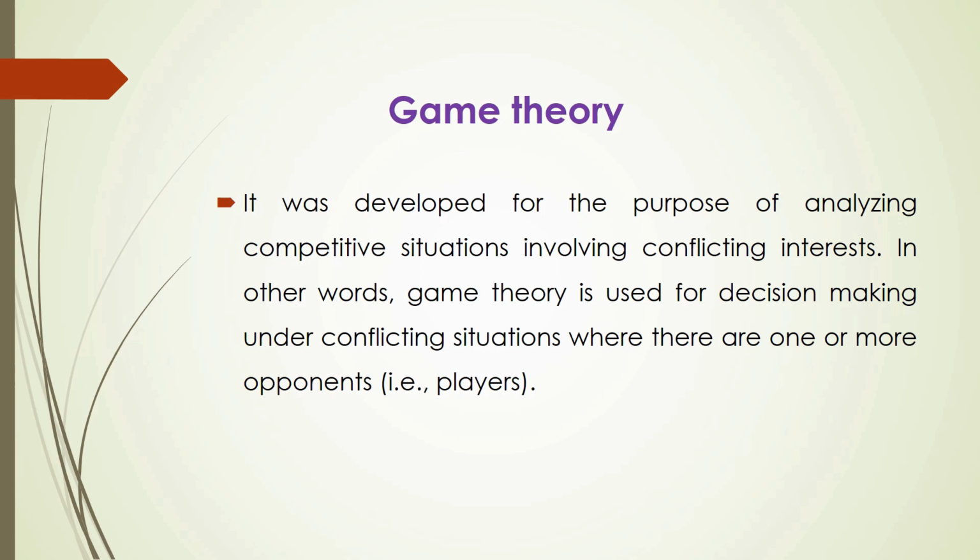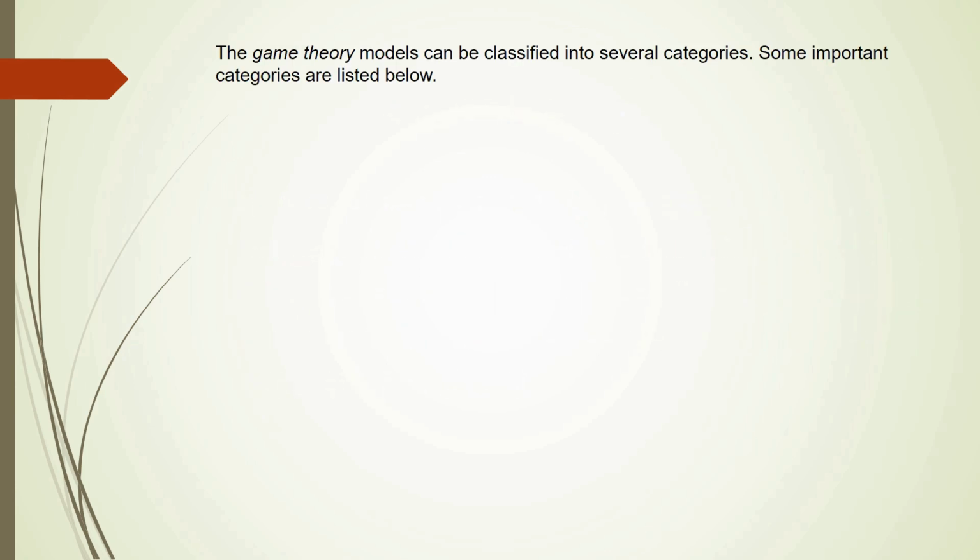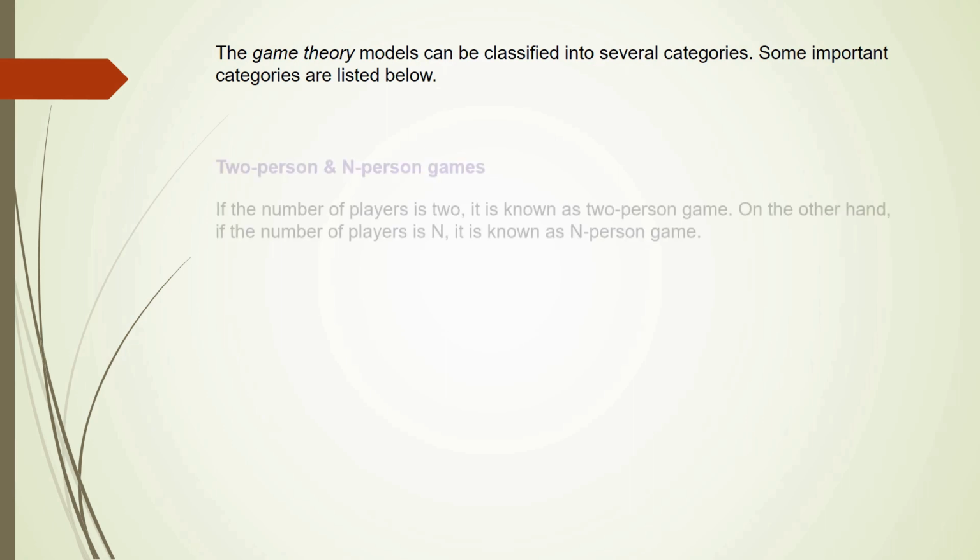It is also said that game theory is used for decision making under conflicting situations where there are one or more opponents. The opponents are called players. Game theory can be classified into several categories. We are just going to see some important categories listed below.